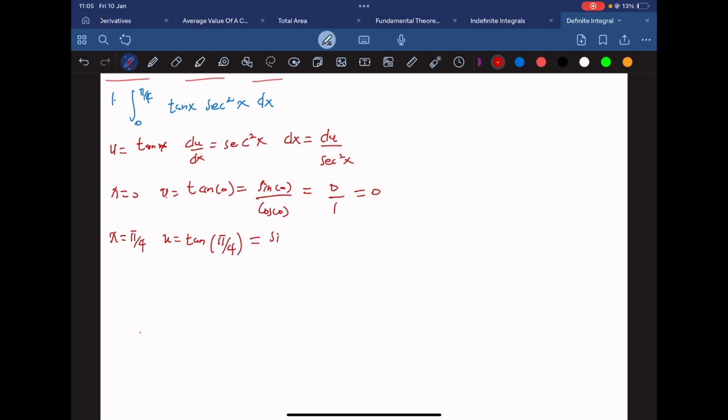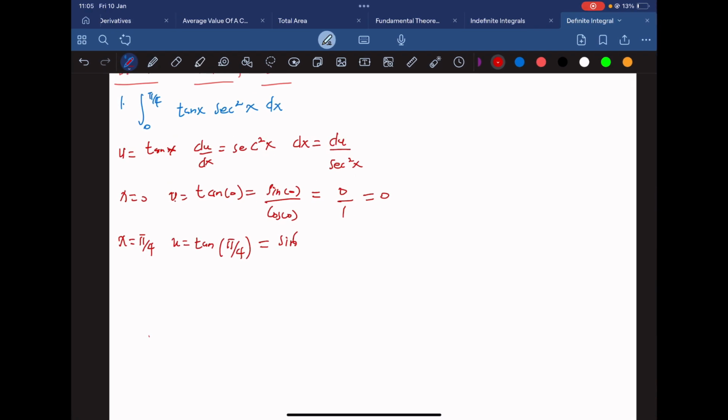So in this case, we have sine of pi over 4, and we have cosine of pi over 4. So sine of pi over 4, as we know already, is root 2 out of 2, and cosine of pi over 4 is the same thing, which is root 2 out of 2.